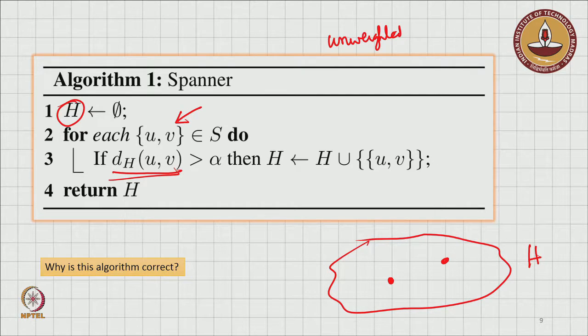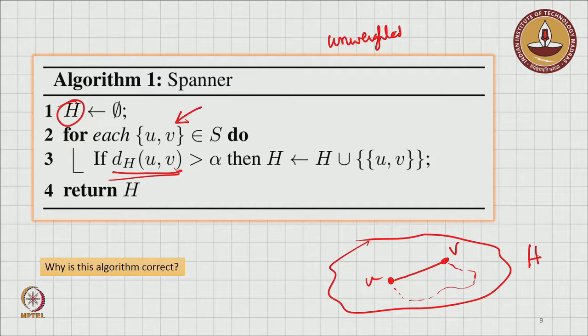Now if the actual distance between U and V, let's say the shortest path between U and V in H, is greater than alpha, then by including this edge you are ensuring that you're not overshooting that alpha approximation, right?